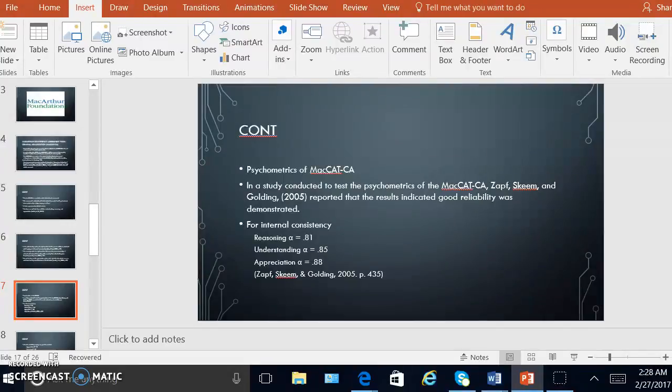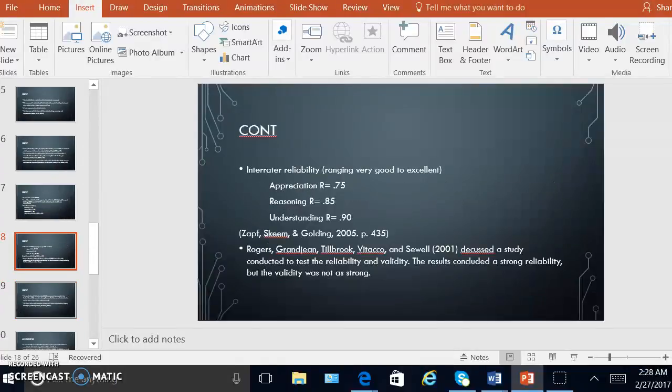Reasoning is 0.81, understanding is 0.85, and appreciation is 0.88 for this study. The inter-rater reliability is very strong. It's almost excellent. As you can see, appreciation is 0.75, reasoning is 0.85, and understanding is 0.90.